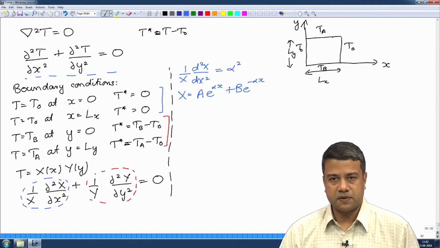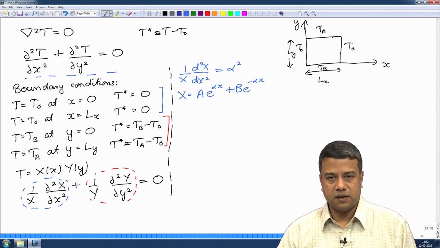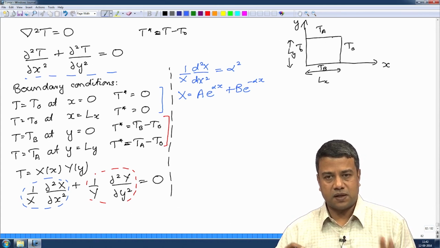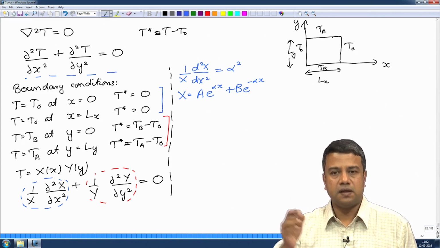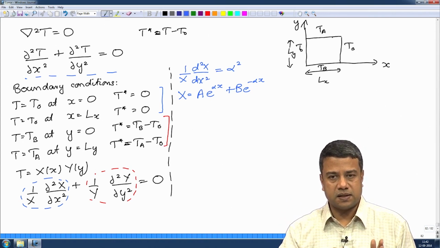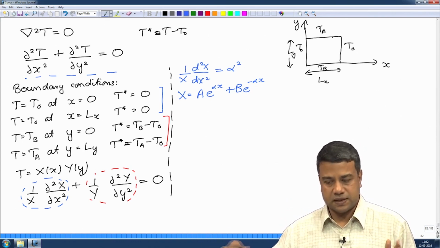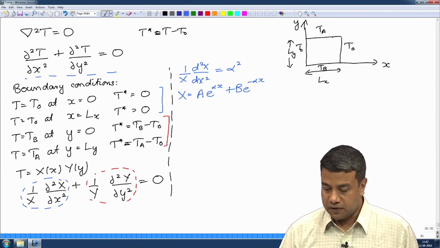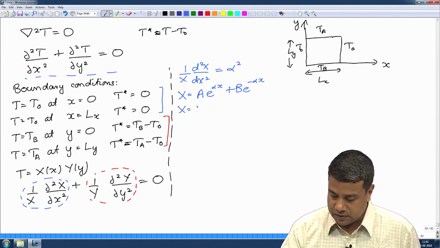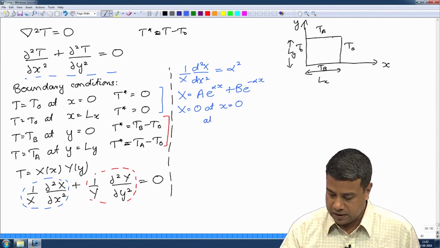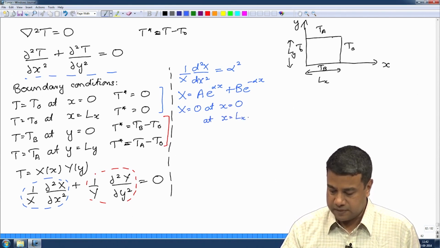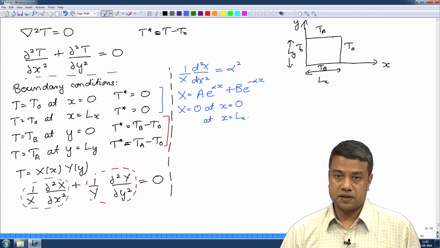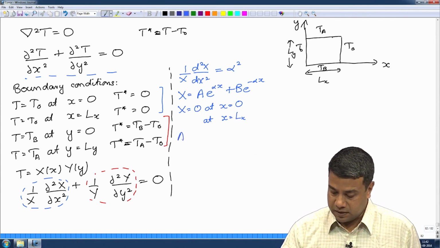These exponentials do not pass through 0. E power plus x is 1 at 0 and it goes to infinity. E power minus x is 1 at x equals 0, and it goes to 0 as x increases. These are monotonic functions. Therefore, if I were to impose X equal to 0 at x equal to 0 and at x equal to Lx, the only solutions that I will get will be a equals 0 and b equals 0.